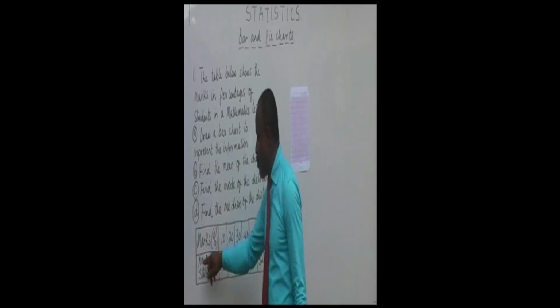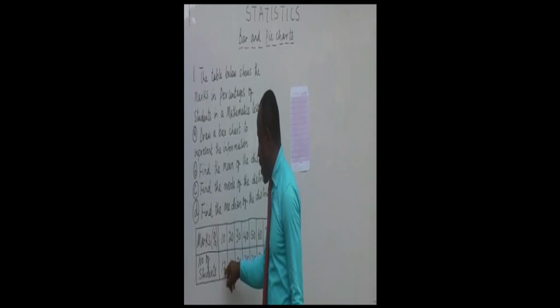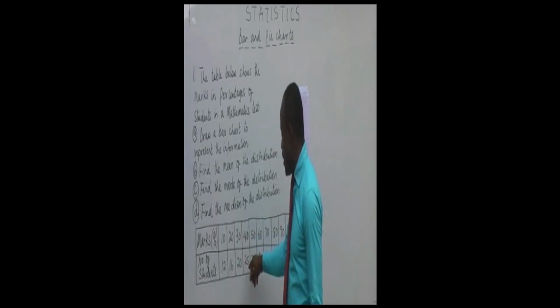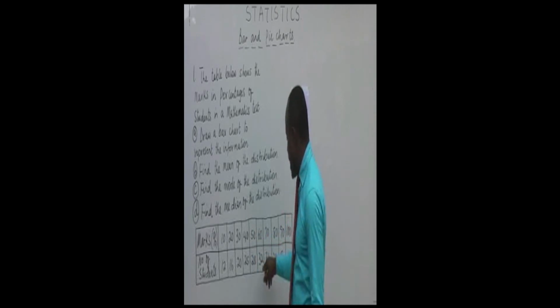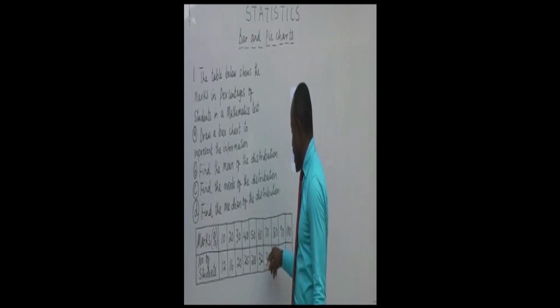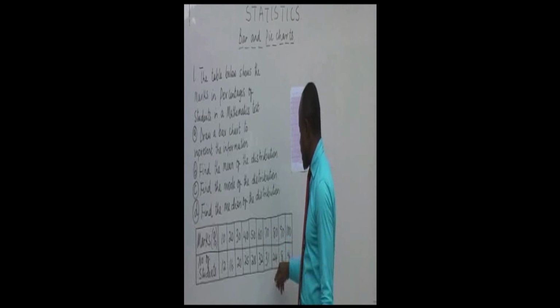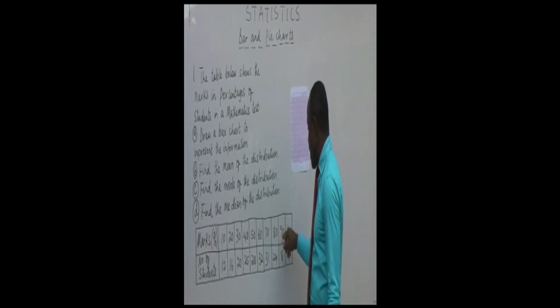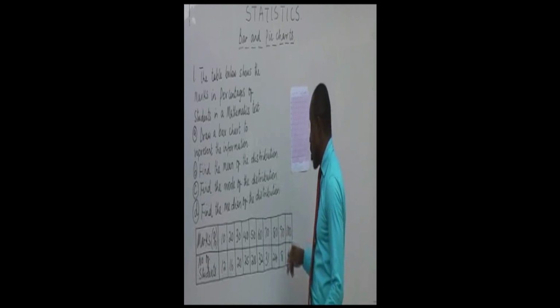And below it, we have number of students. 12 students scored 10, 16 scored 20, 20 students scored 30 marks, 25 scored 40 marks, 28 scored 50 marks, 32 scored 60 marks, 31 scored 70 marks, 24 scored 80 marks, 8 students scored 90 marks, and only 4 scored 100.